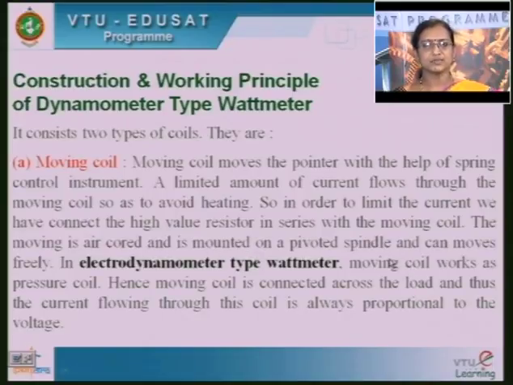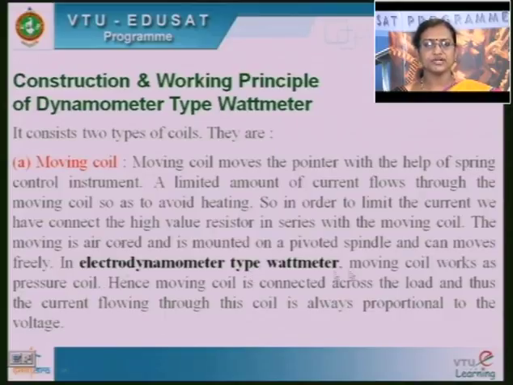In the last class I explained how it is connected to the spindle. One end of the spring is fixed to the spindle, and the other end is movable. The spring is attached to the pivoted spindle and can move freely.